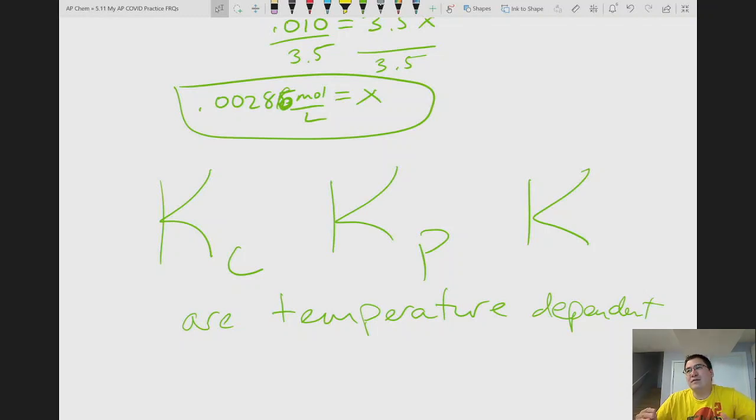Okay, let's say you did change the temperature. What would you need to know about the chemical equation to determine how a change in temperature will impact the equilibrium? You're going to need to know the stoichiometry.